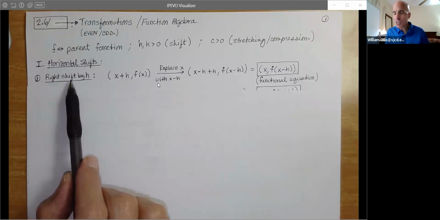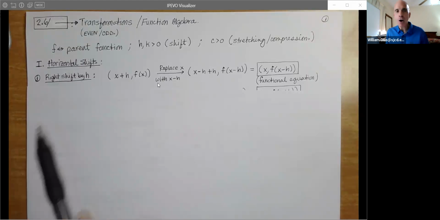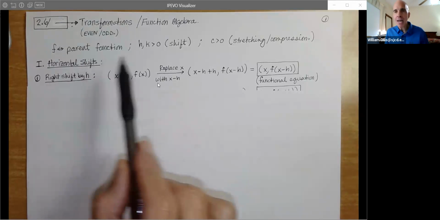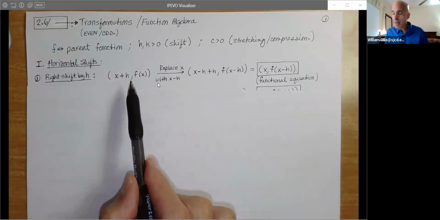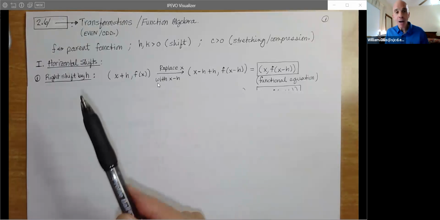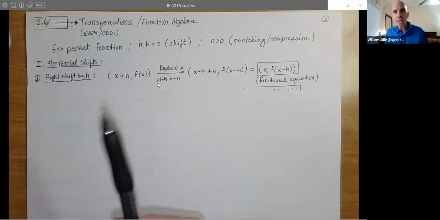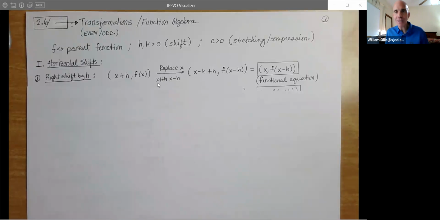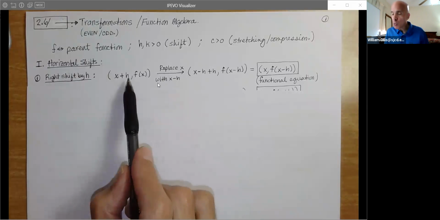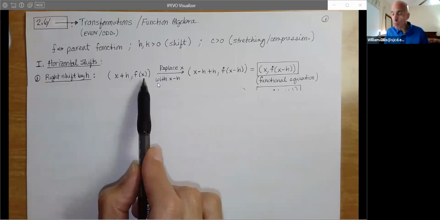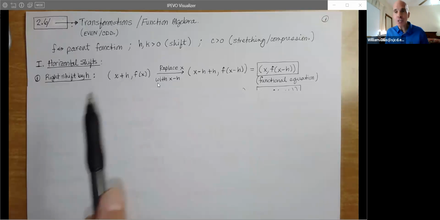I'm going to say right shift by h. Now, if we're thinking about a point on the graph of f, x comma f of x, how do we activate, so to speak, a shift to the right by h units? Well, one way to do it is to add h to the x coordinate for each point on the graph.